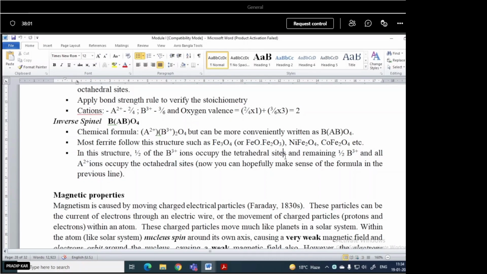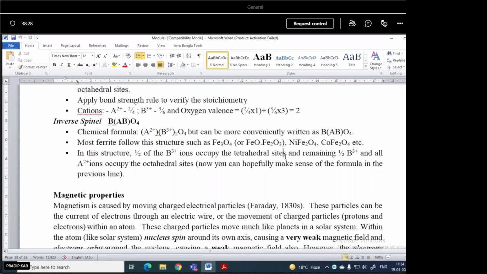Is it clear? Sir, how will we calculate the energy? You can calculate it from the crystal field splitting. You draw the crystal field splitting structure, and you can calculate the energy by putting in the electrons.